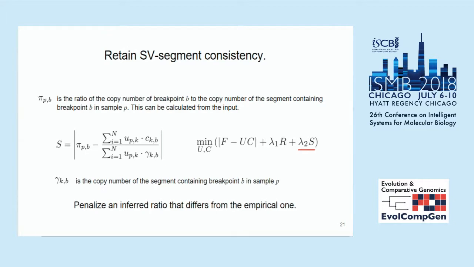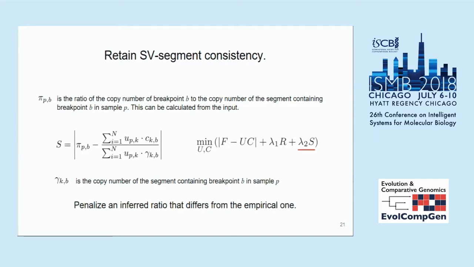This is done by pre-calculating the ratio between the breakpoint's copy number and the copy number of the segment that breakpoint resides in, and adding in a penalty for any inferred breakpoint that deviates from this ratio.